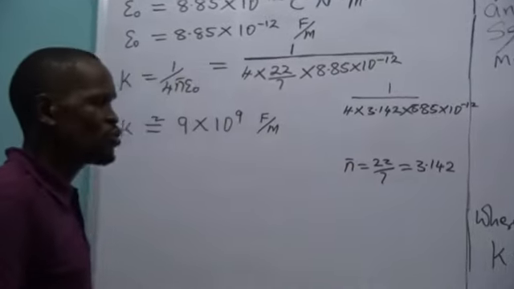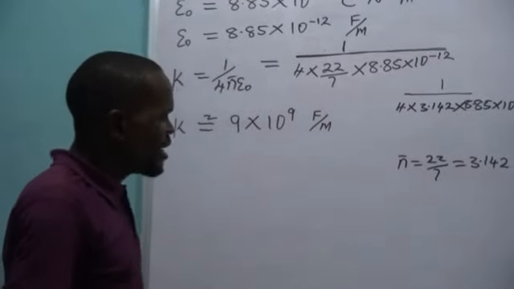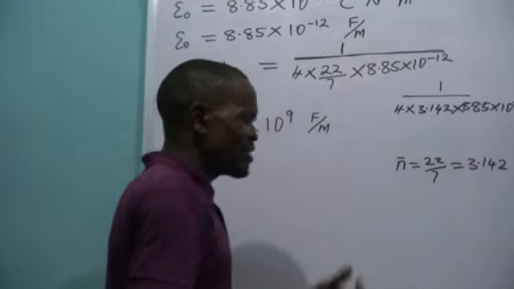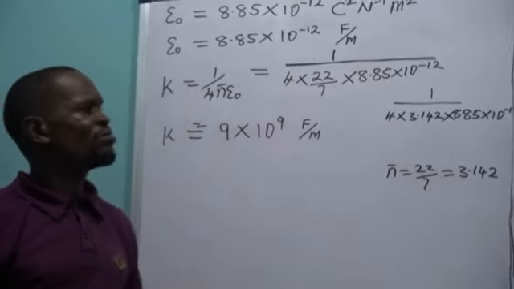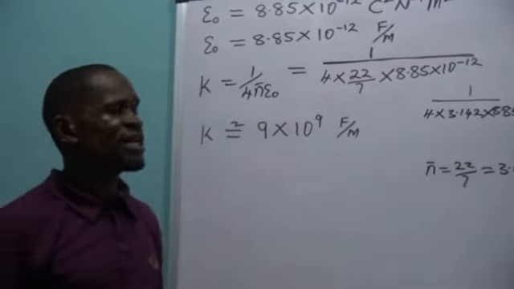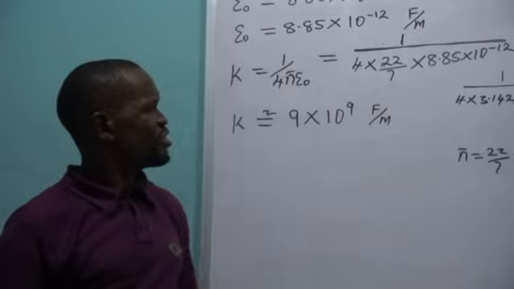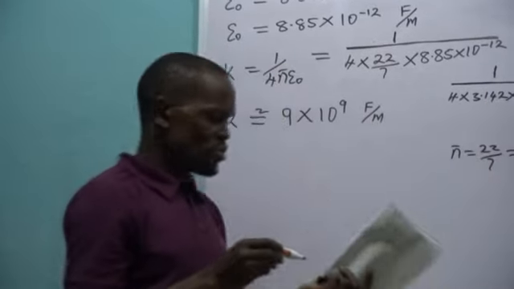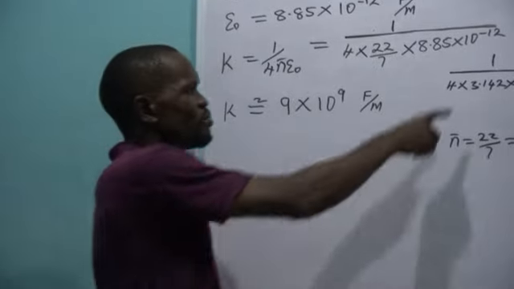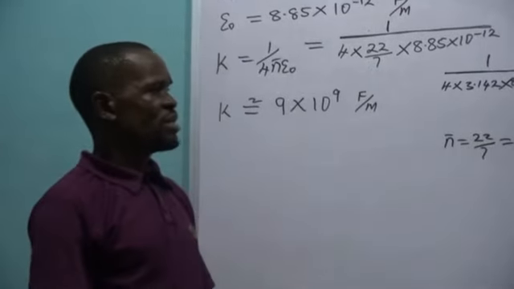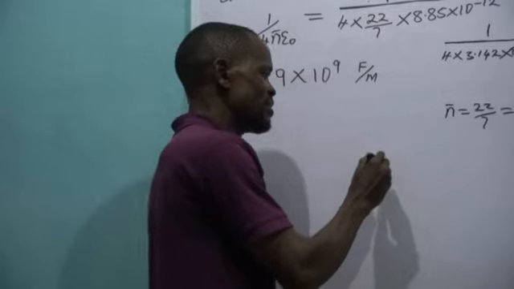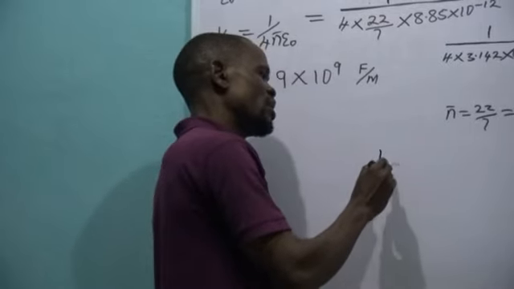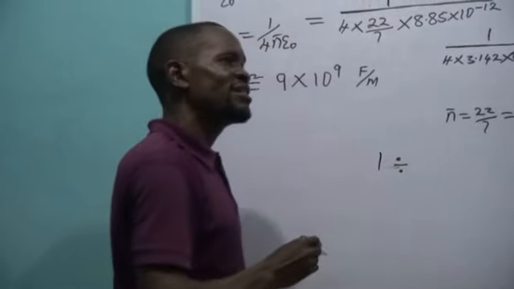You press equals to. Another way you can do it, bring out your calculator. Let us learn how to punch this in the calculator. Press 1. After you press 1, press divide.